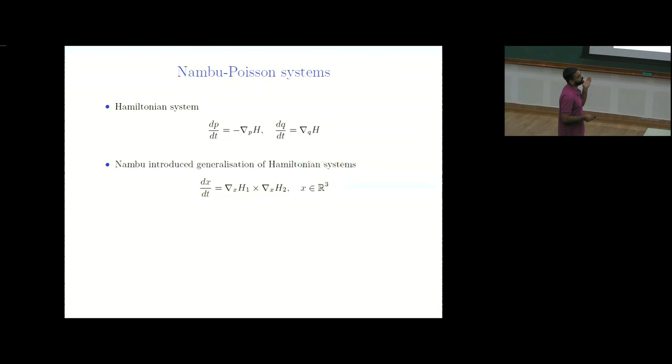So suppose you are in R3. So x is an element in R3, and you have two functions, h1 and h2, that give you scalars. If you take the gradient of h1 and the gradient of h2 and take the cross product, that defines a vector field, right? And it turns out that in this vector field, h1 and h2 are conserved quantities.